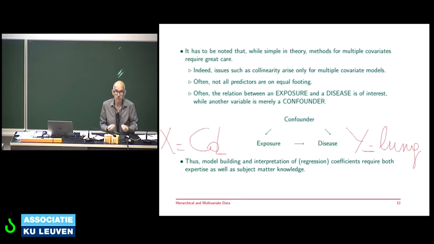There may be historic contamination, and I may have data available. But it may then well be that the people who are exposed and not exposed are different. They may belong to different socioeconomic strata. They may live in different areas and therefore are also exposed or not exposed to a number of other things. And in particular, I can think of smoking status.